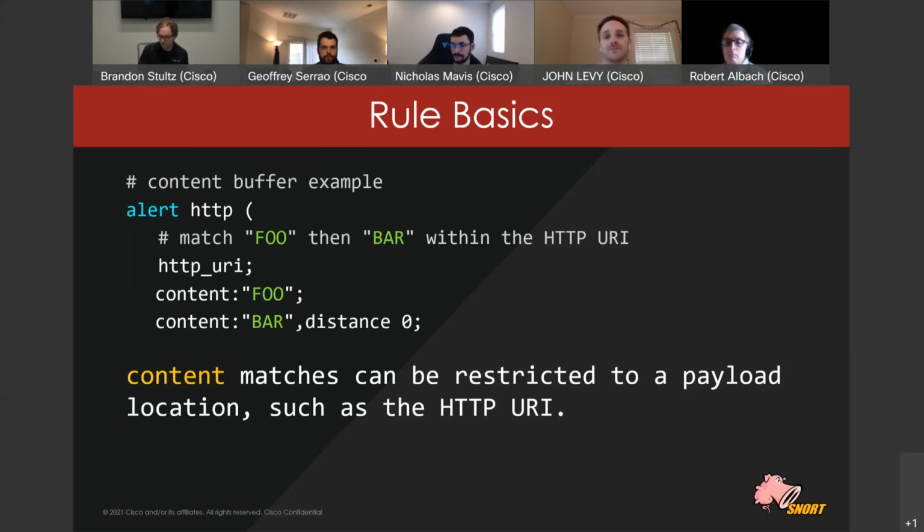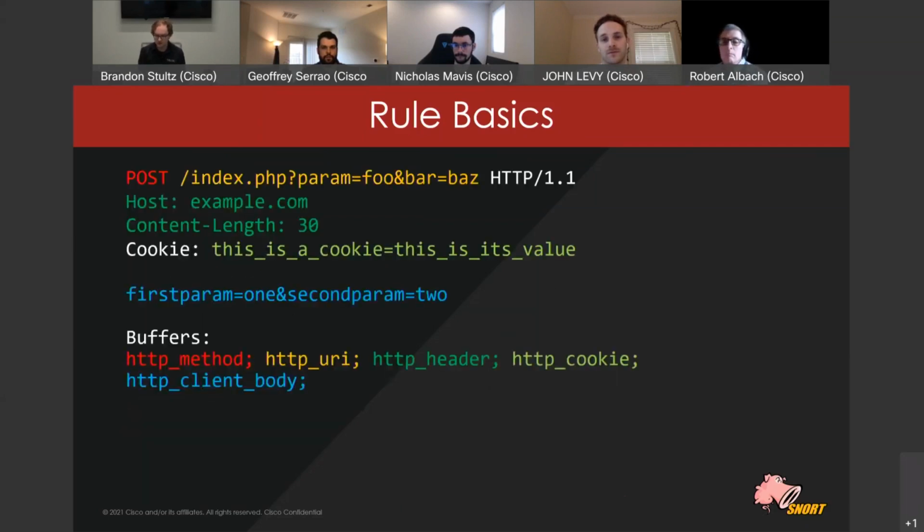So let's go over some of the common buffers that you'll see when you're writing rules for blocking exploits. Here are the buffers that were available in Snort 2 and HTTP Inspect. It's pretty much every part of the request that you would want to match. You have the method up above.